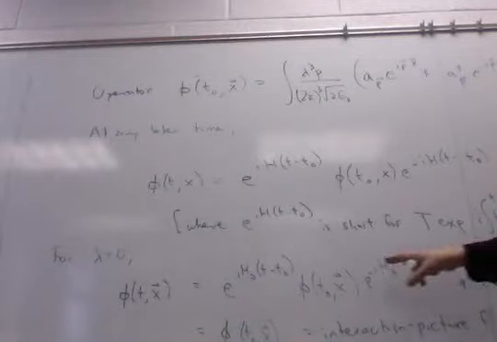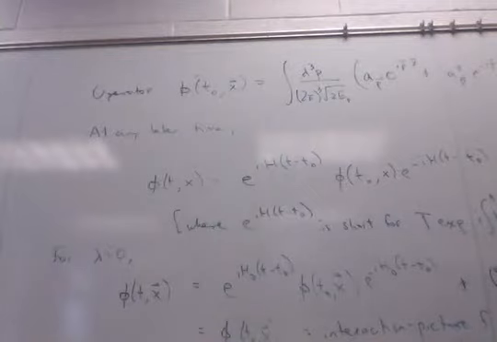These guys we have a nice expression for. They're just equal to this, but evaluated at an arbitrary time t. And we remember how to do that. You just replace this 3-vector inner product by a 4-vector: e to the minus i p dot x plus a p dagger e to the i p dot x.